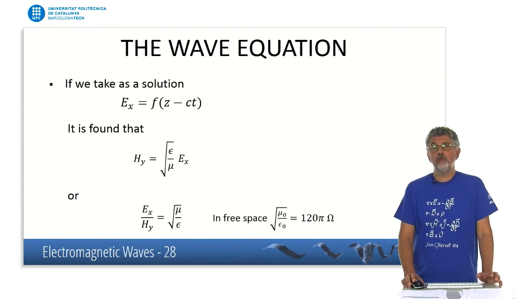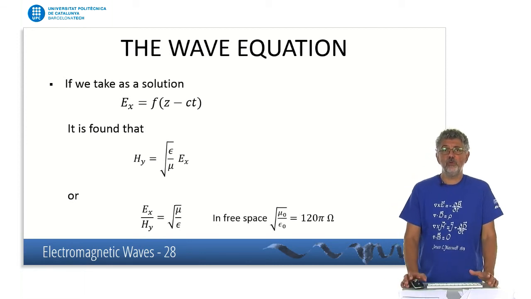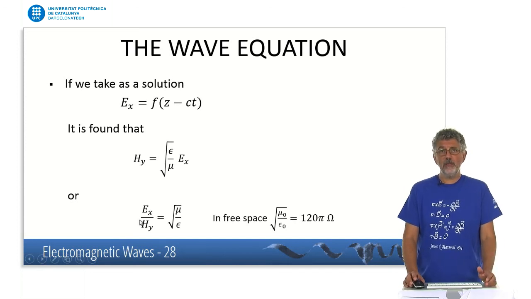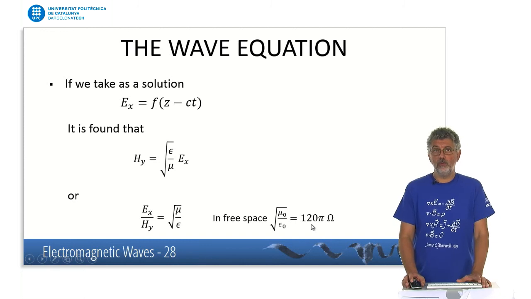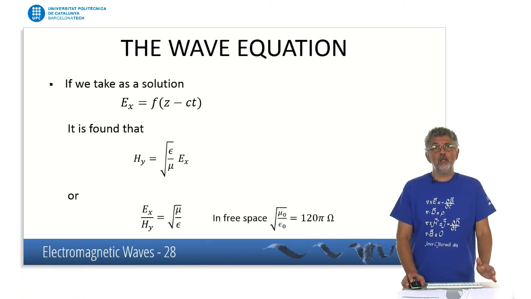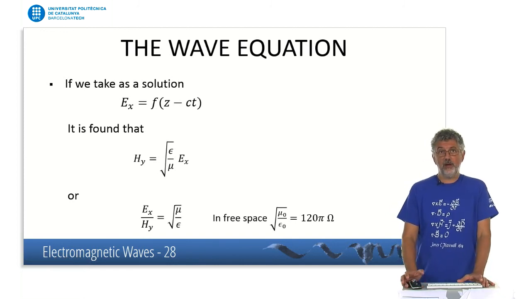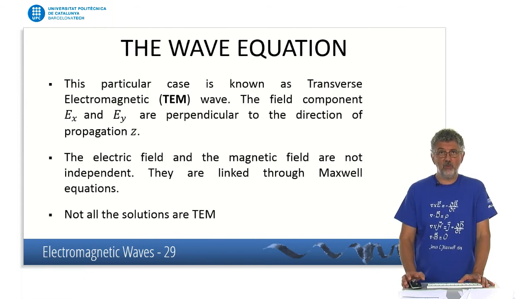Remember that epsilon and mu depend on the medium in which we are, and this is known as the medium impedance. In the case of free space, it has a value of 120 pi ohms. So notice that electric and magnetic field are not independent when we're talking about this electromagnetic wave.